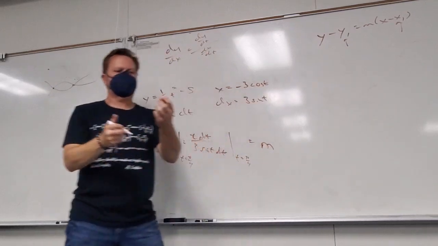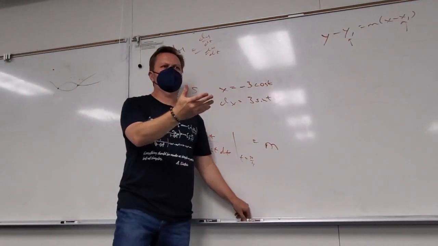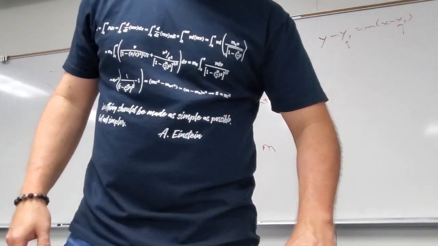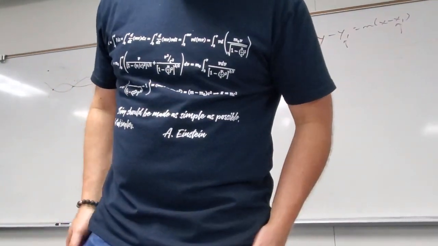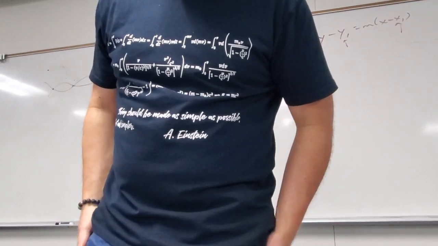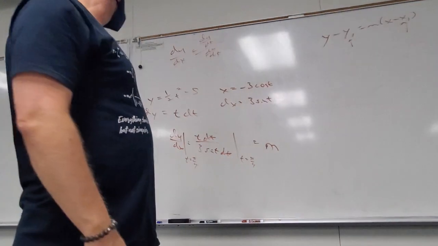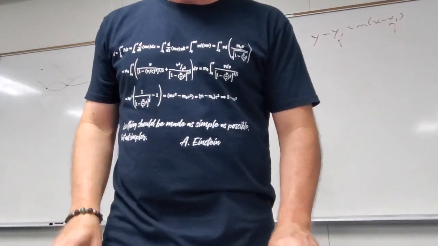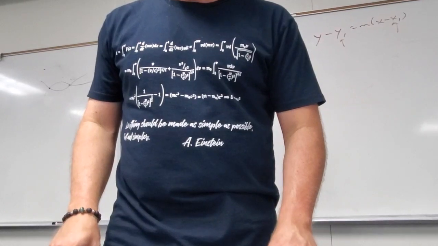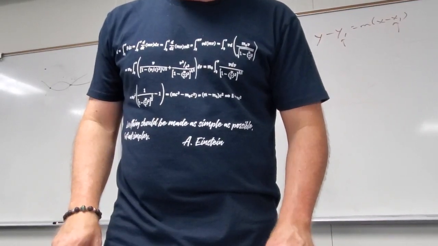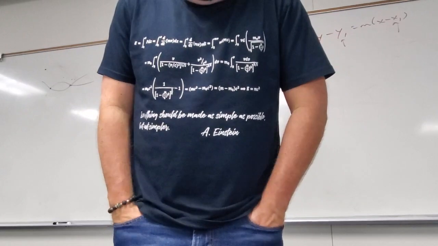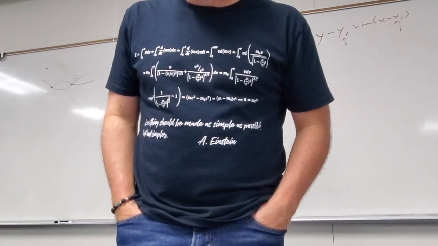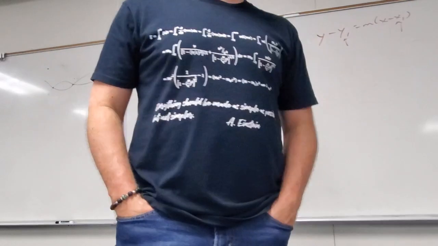Yeah, we generally put it in slope intercept form. Not sure where you got a 5, but we'll see.